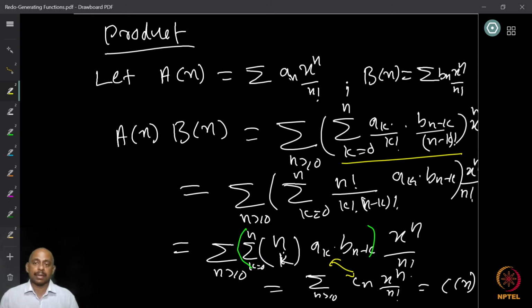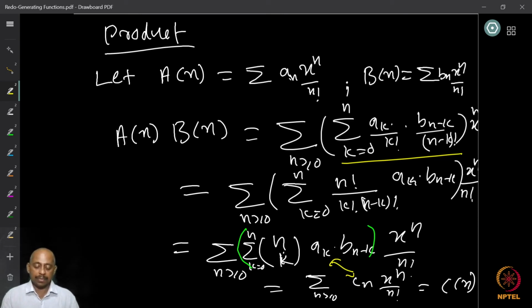Now this is easy to see, because the coefficient of x^n comes precisely from taking the coefficient of x^k in the first series and of x^(n-k) in the second, which is b_(n-k) by (n-k) factorial, and then taking their product and summing over all k ranging from 0 to n. So this is clearly our usual product of series, right? Two series we have multiplied and then we get this.